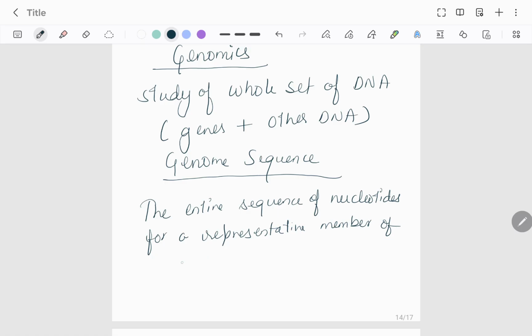So simply the entire sequence of nucleotides, the A, T, G, C, right? That entire sequence is the genome sequence.